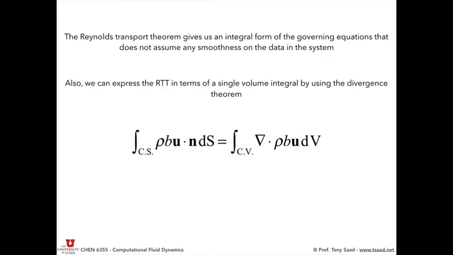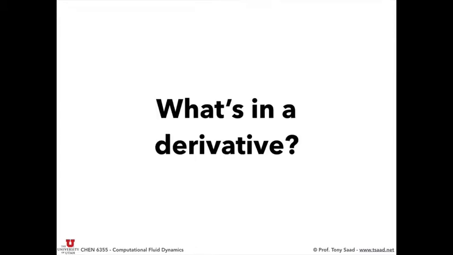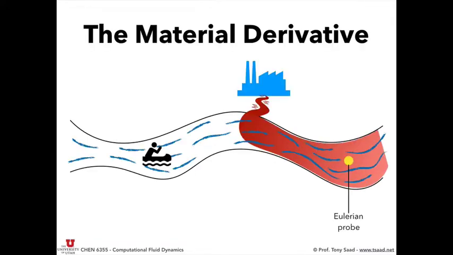Okay. So now the next question is, what's in a derivative? So you see two different derivatives over here, d by dt and a partial by partial t. Okay, so what's in a derivative? I'm going to give this classic example.